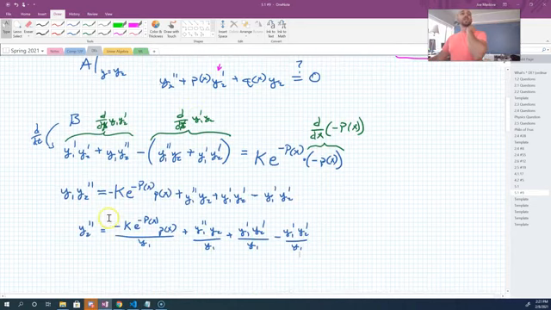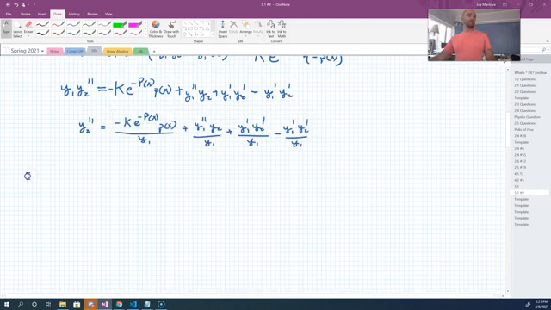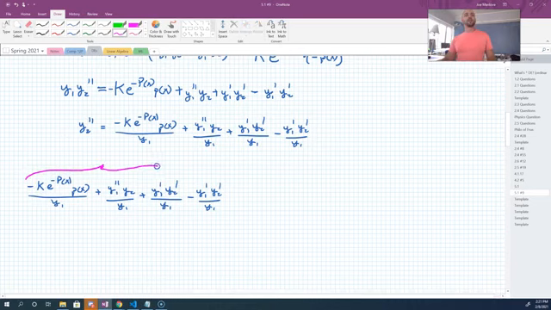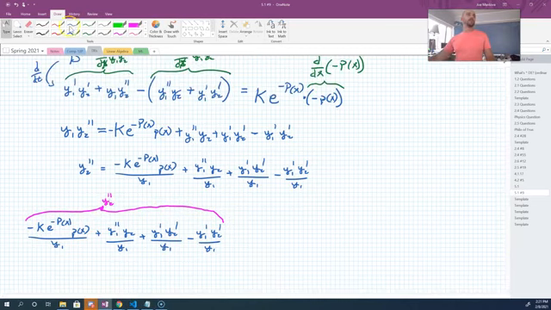So I'm just going to do a whole bunch of copy and pasting here. So I've got this stuff, all of this stuff here is y2 double prime. So I went and got that.